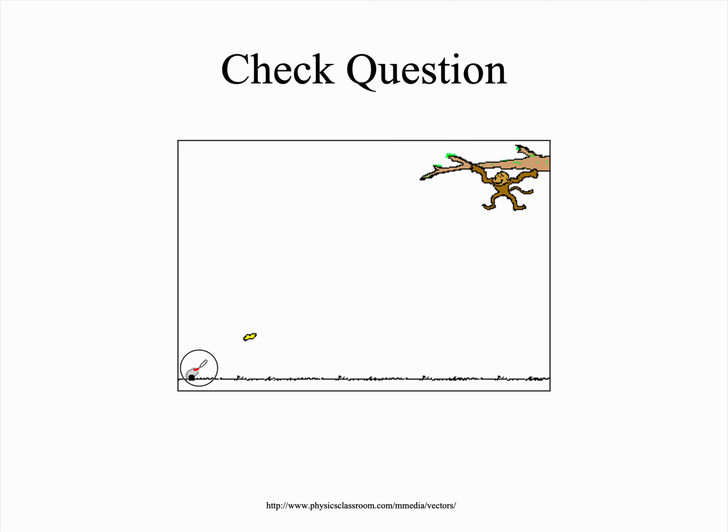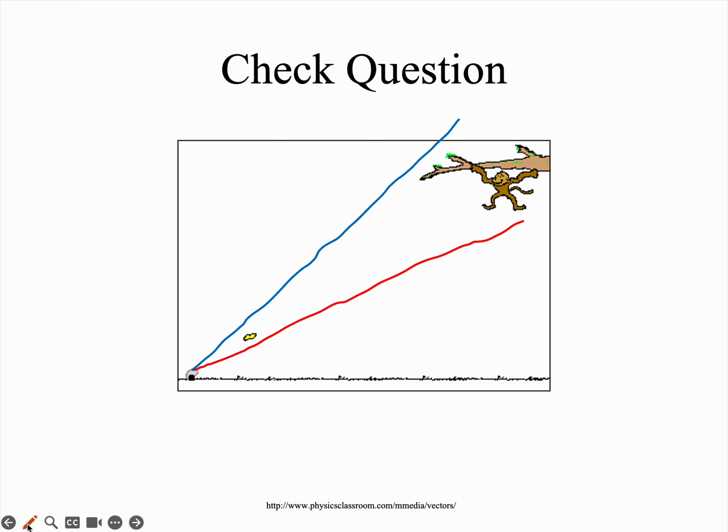Should you aim your cannon below the monkey so that you hit the monkey on the way down? Or, second of all, should you aim your cannon above the monkey because you know the banana is going to fall due to gravity as it flies over? Or, third option, should you simply aim the banana directly at the monkey? Think about this for a brief moment before I talk you through the answer.